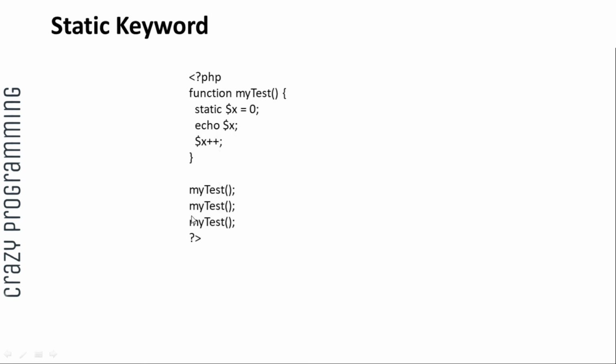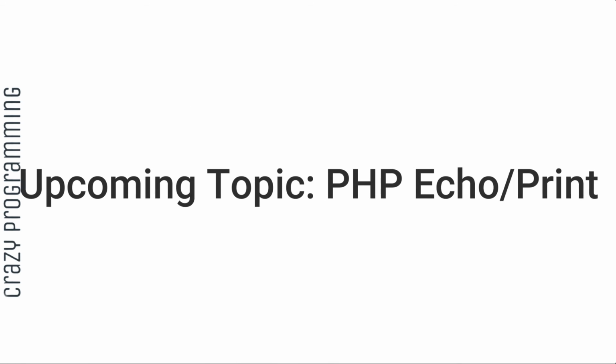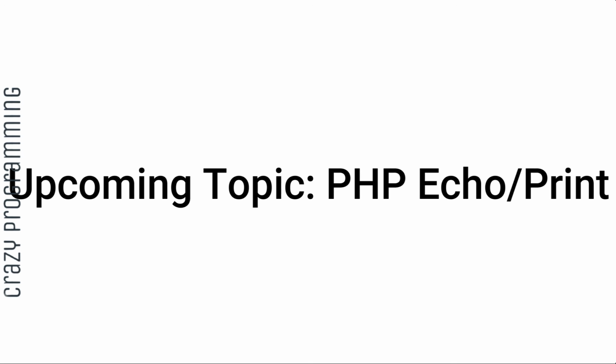Then the third time we are calling the function again, and now the value of x is 1, and again we are using x plus plus, which means 1 plus 1, that is 2. So the result of this code will be 0 1 2. We will see the practical way in the next videos, and in the upcoming topic we will cover echo and print.